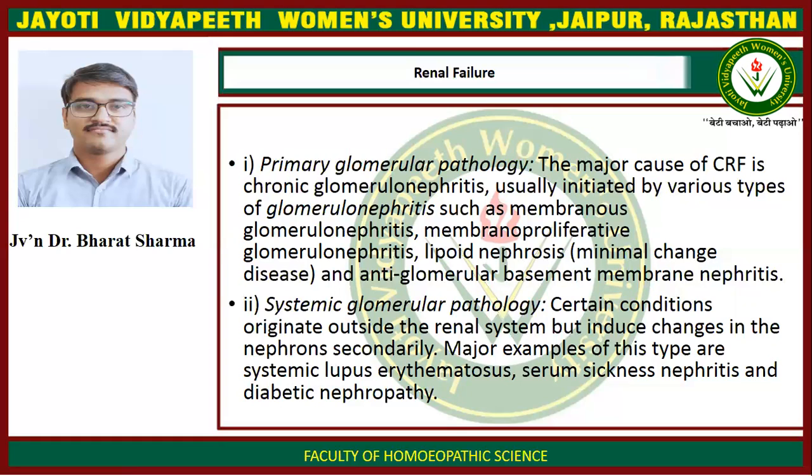Second is systemic glomerular pathology. Certain conditions originate outside the renal system but induce changes in the nephrons secondarily. Major examples of this type are systemic lupus erythematosus, serum sickness nephritis, and diabetic nephropathy.